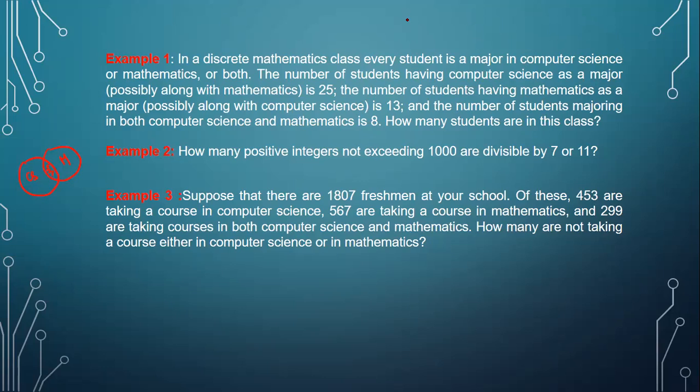Now, for this problem to be solved, let's just note down the numbers first. So C is 25 and M is 13, and then C intersection M is given as 8.